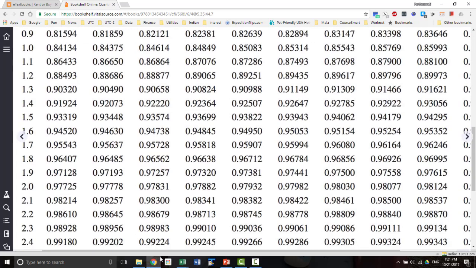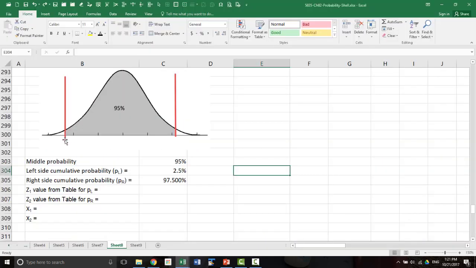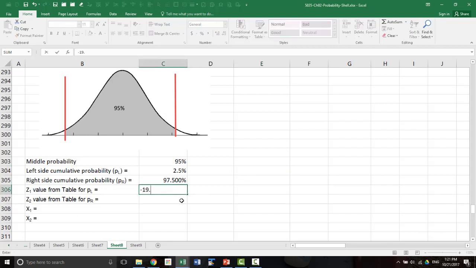So that is negative 1.96 because it is on the left side. And the right side is a symmetric one, so the right side is 1.96.